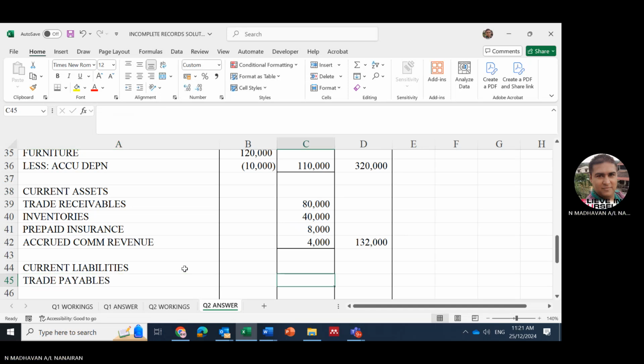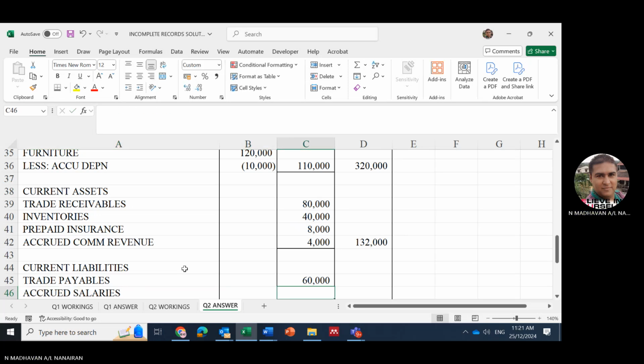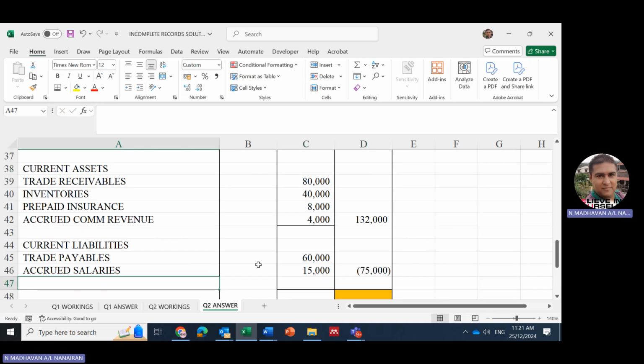How much? 60. Accrued salaries. How much? 15, equals 75.